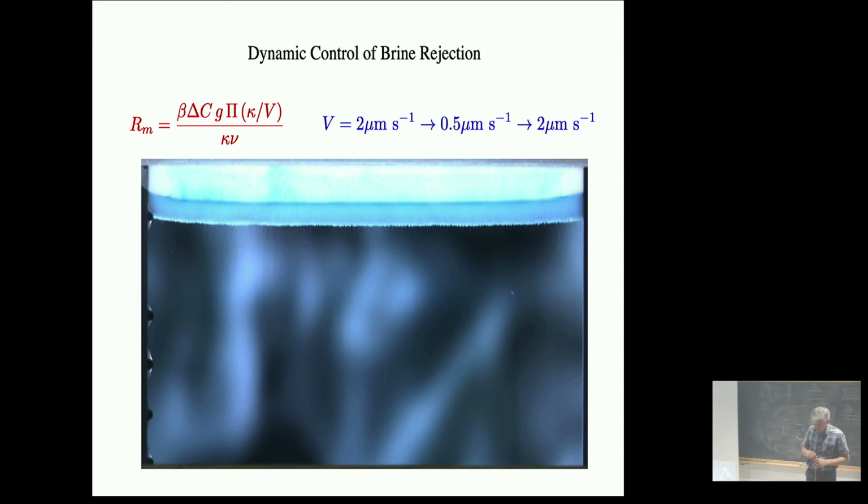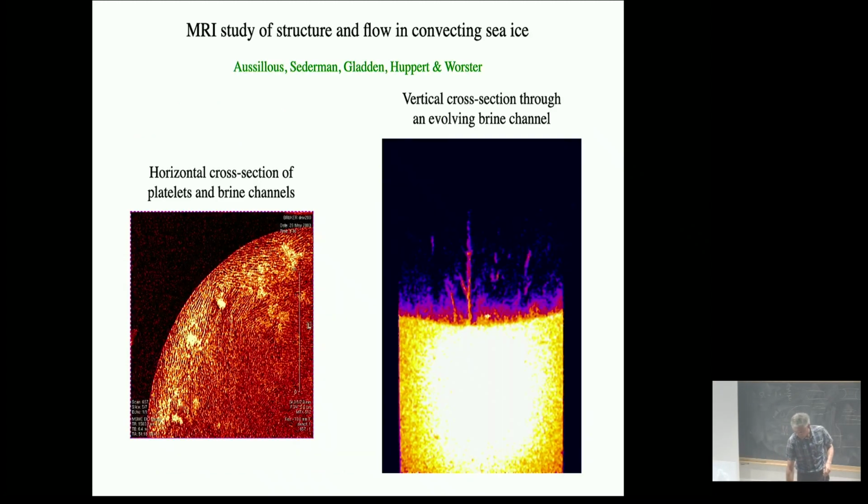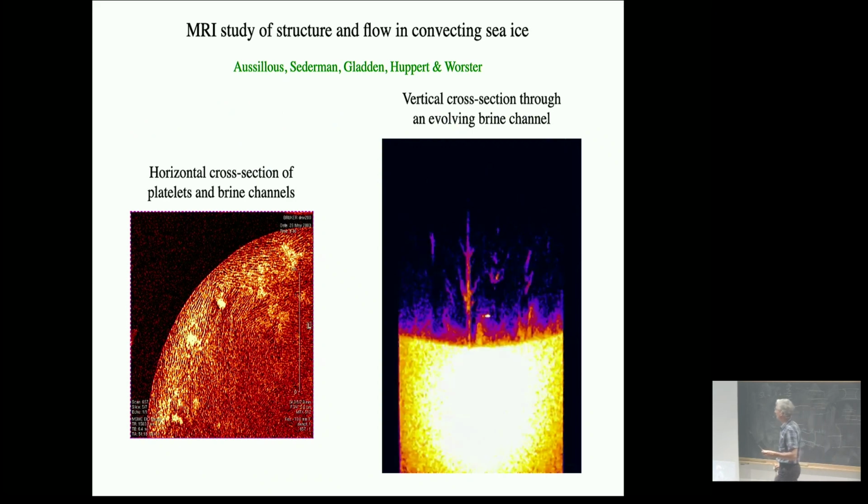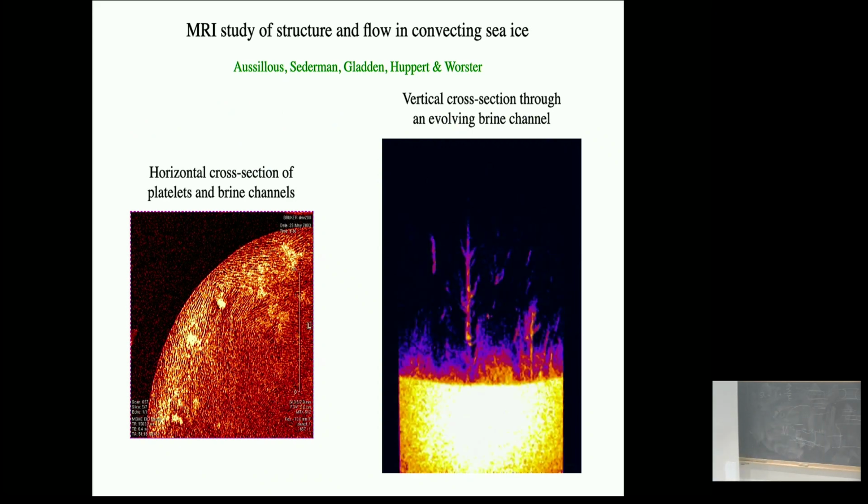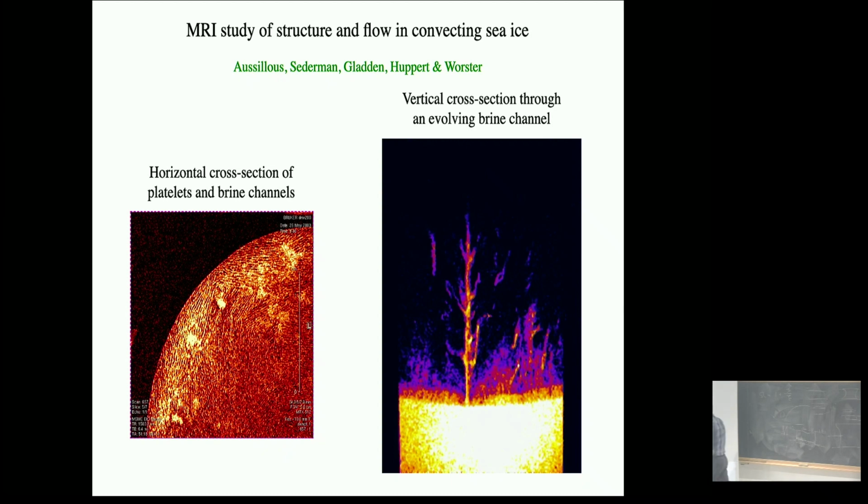Okay, well, it's nice to look inside. So far, I showed you a shadow graph where the mushy layer was just black. Here, it's light blue, but it's no better in the sense that we can't see inside. So let's have a look inside the mushy layer, which we can do using MRI. This is a horizontal cross-section, just a single picture.